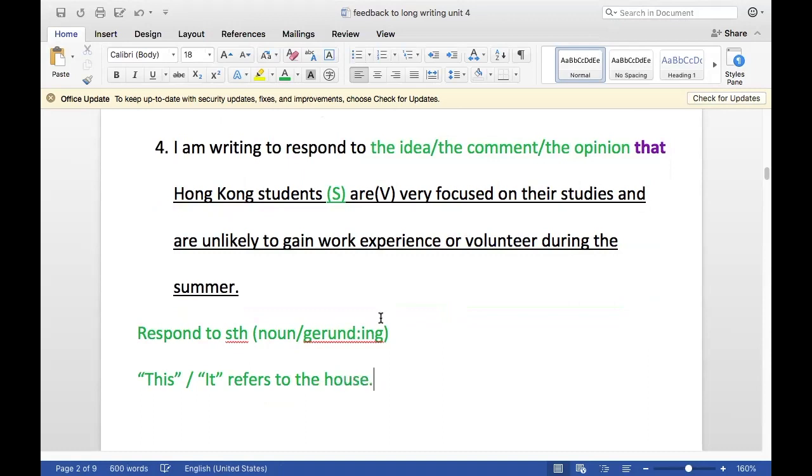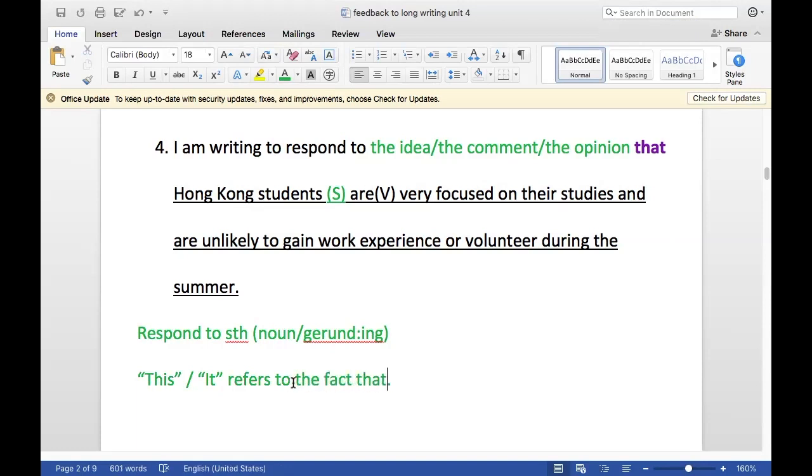But oftentimes the something is a long story. We cannot just say a noun; it's so long, okay? We have to use a clause. Then you use refers to the fact that.